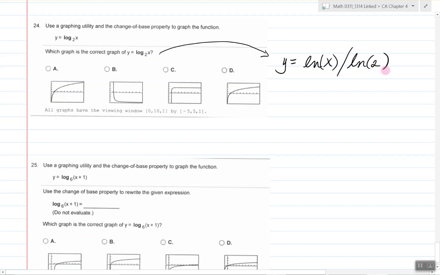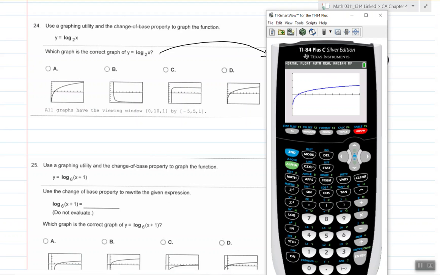So let's pull up the grapher and go to y equals, and I can clear this out. I chose natural log, no particular reason. Natural log variable x, close, divided by natural log of 2, close.